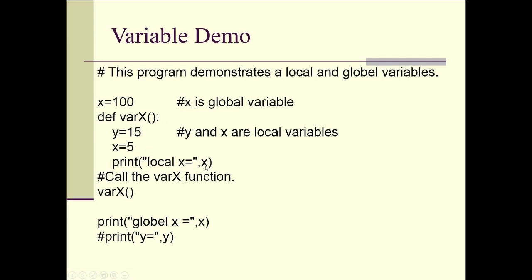I'm not going to bother with printing y. And then I'm going to call that function in this var x here. Then we're going to print a global x. The reason for using this particular example is that when I asked it to print x, it's going to print the outside one, the global variable, not the local variable as defined inside the function.